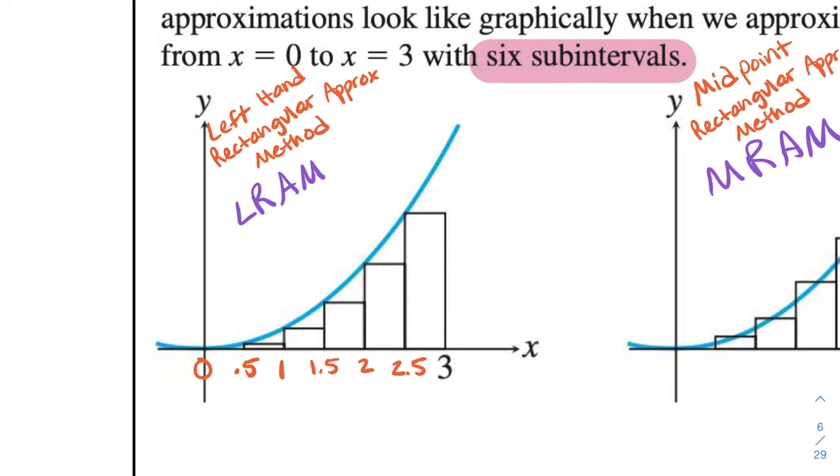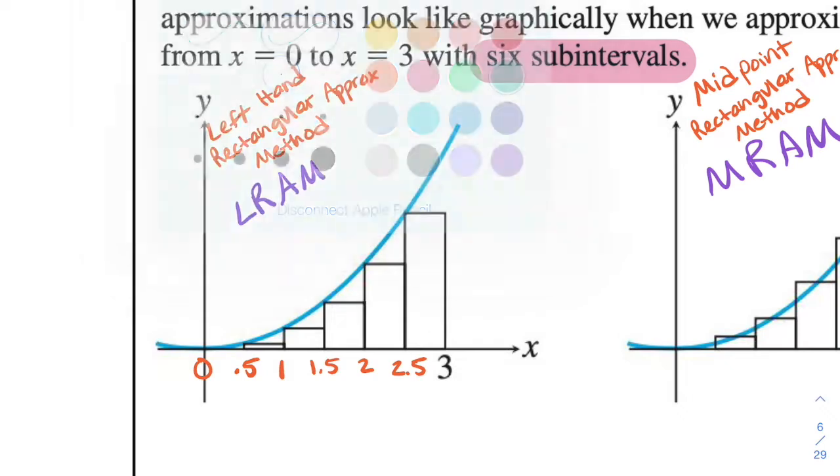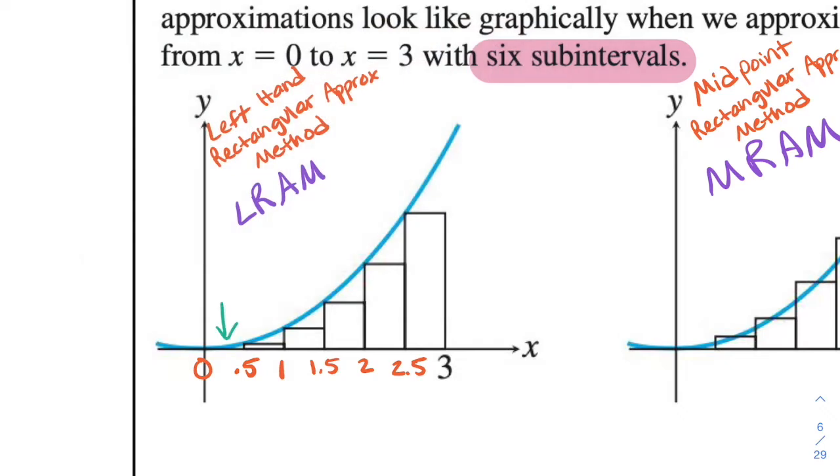So you'll notice that one of these rectangles, you can't even see because 0 squared is 0. So this one has no height. The next rectangle intercepts here, which is 1/2 squared. So it's 1/4 units high, and it's 1/2 of a unit wide.